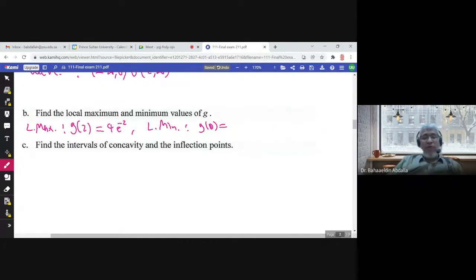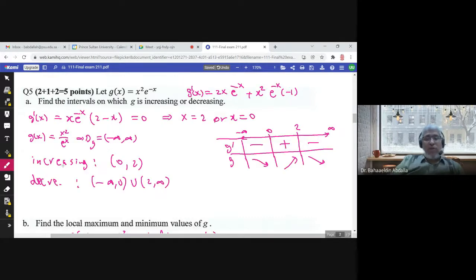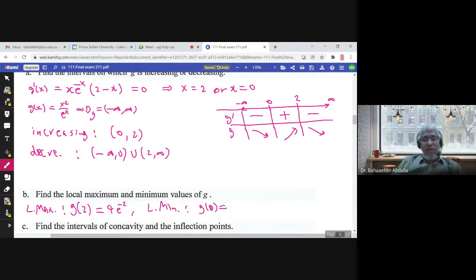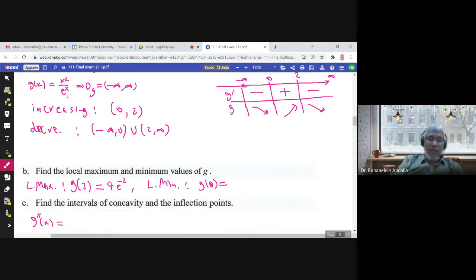All right, find the intervals of concavity and inflection points. To do that, I need to find the derivative of g prime of x, g double prime. So this is g prime, okay? I'll use this definition. I have a product of three functions, so I will use the product rule. The derivative of x is 1.